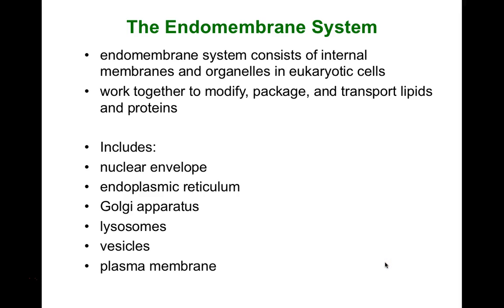The endomembrane system consists of membranes and organelles in eukaryotic cells that have very important functions in terms of manufacturing materials that cells will need to grow and metabolize and replicate, make copies of themselves.